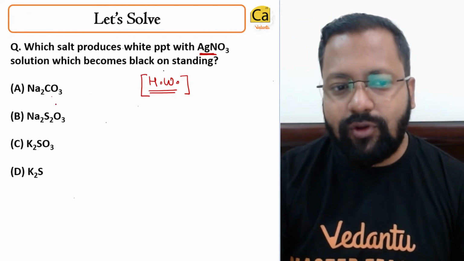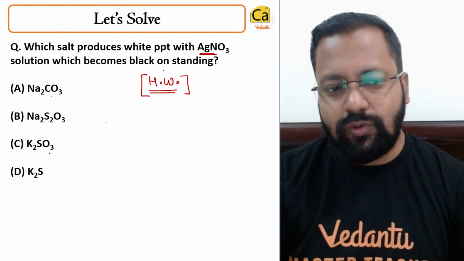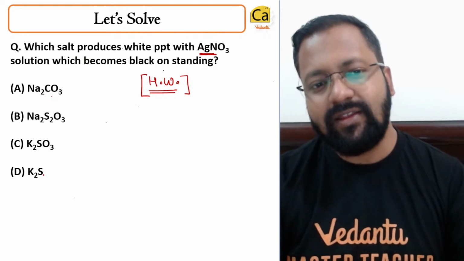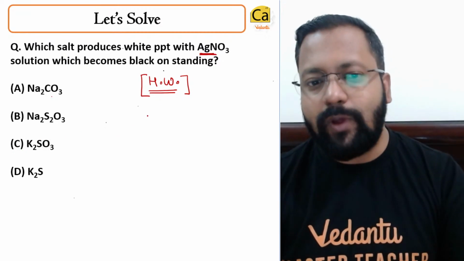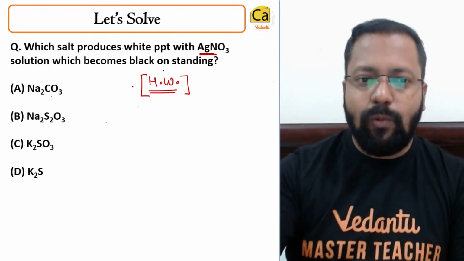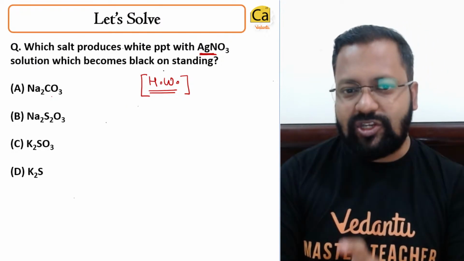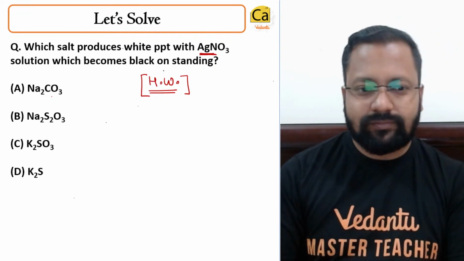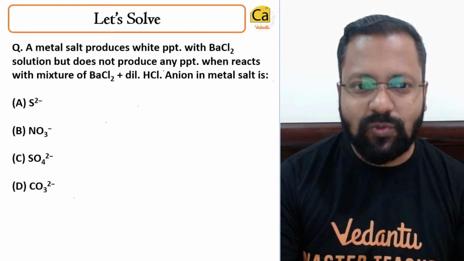Should it be carbonate, should it be thiosulfate, Na2S2O3, should it be sulphide? I'm not going to solve the question right away. This is a homework question. Please write which of these ions will react with Ag plus to give a white precipitate which becomes black on standing. Okay, so let's move on to the next question.